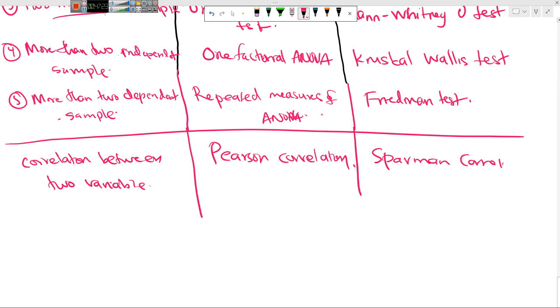You can just remember, parametric method starts with P, and Pearson correlation also starts with P. So P for P. Pearson correlation is for parametric, and Spearman correlation for non-parametric tests.